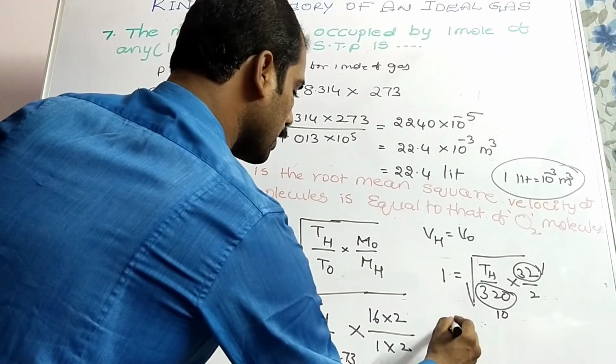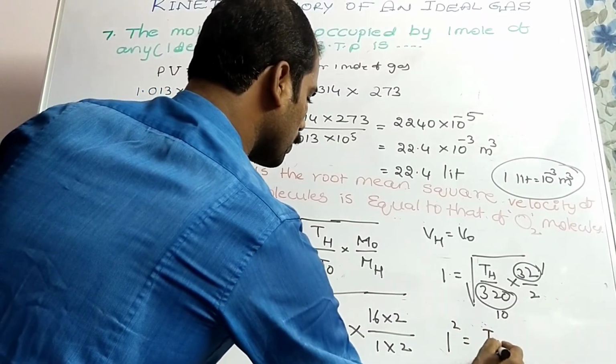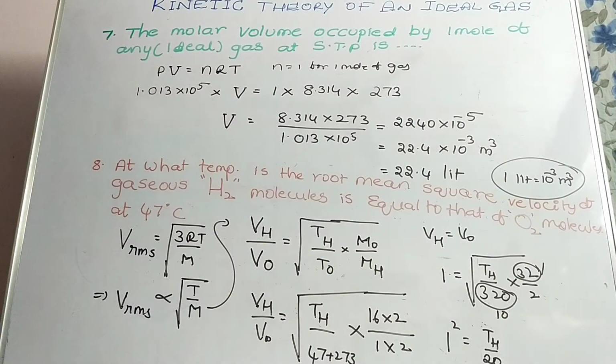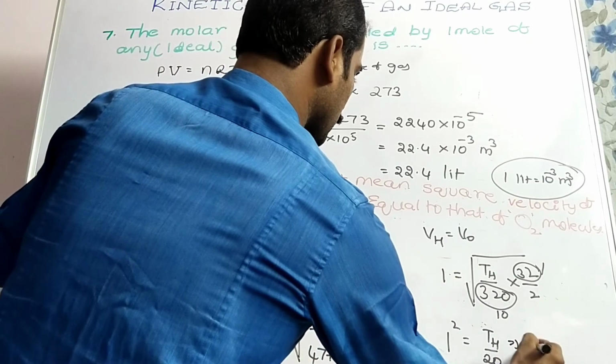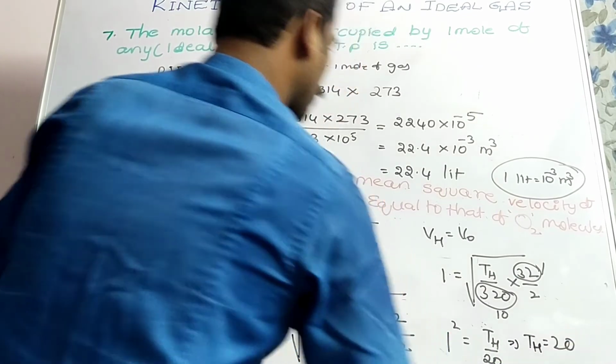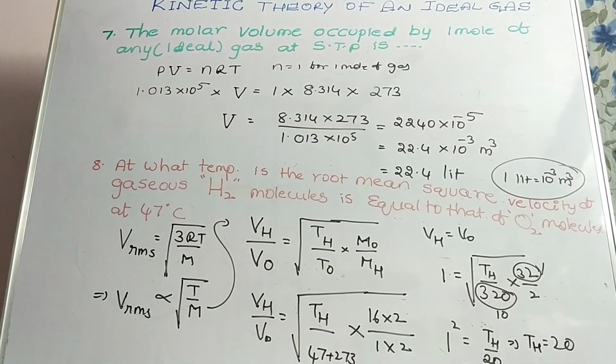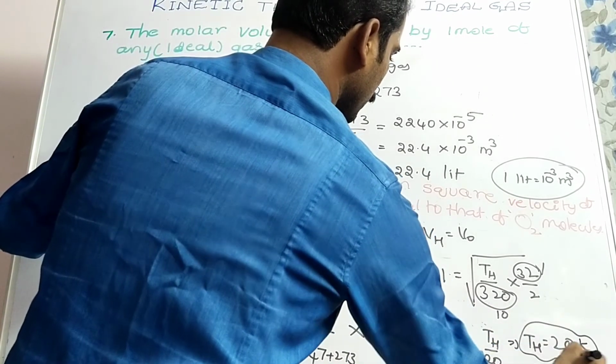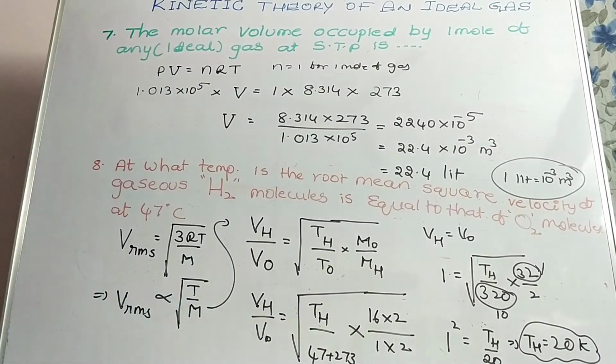Squaring on both sides we get 1 square is equal to TH by 20, then TH is equal to 20 Kelvin. TH is equal to 20 Kelvin will be the answer. Okay, 20 Kelvin, write down.